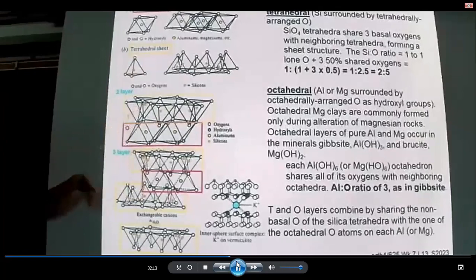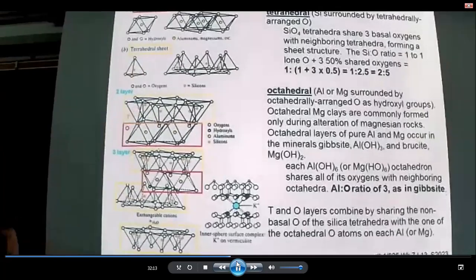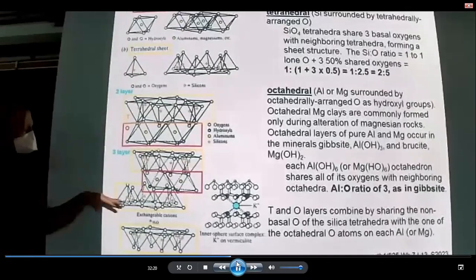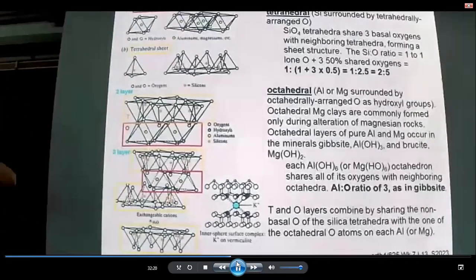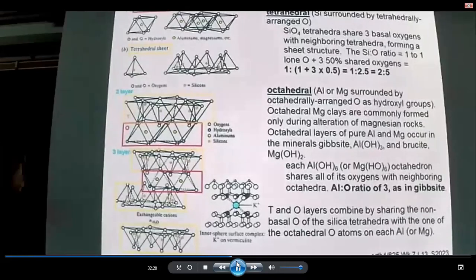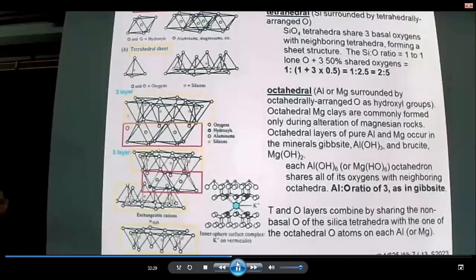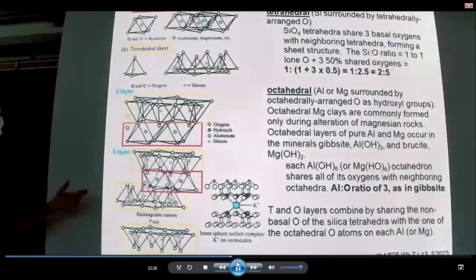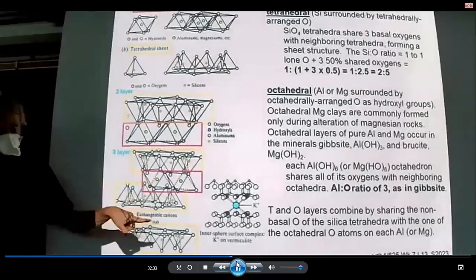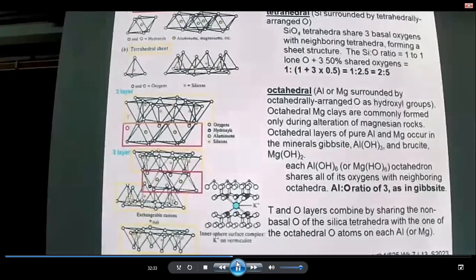And these are the TO and TOT. And again, the charges sit on the bases of those tetrahedrons. And the more charge we have, the farther apart the successive layers, these packets of TO or TOT, sit in stacked packets. The closer or farther apart those are going to be, this is where water and interlayer exchangeable cations can sit.